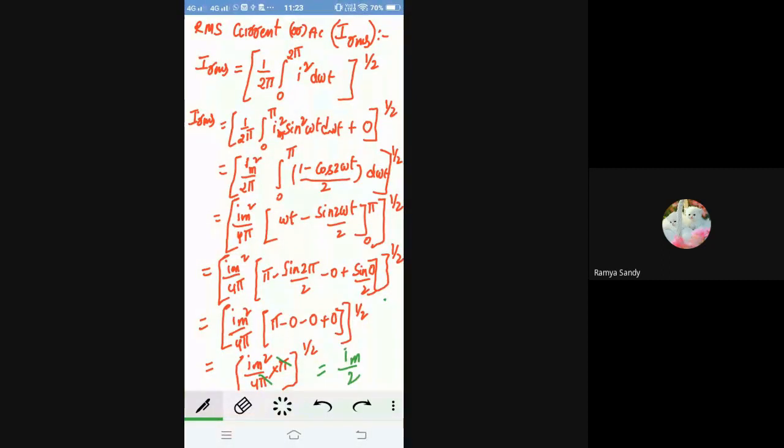Okay, I think everyone can understand now how we will calculate the RMS current or average current of a rectifier. Now what is the value of RMS voltage or AC voltage?